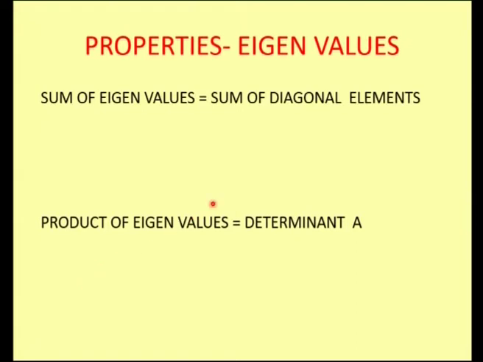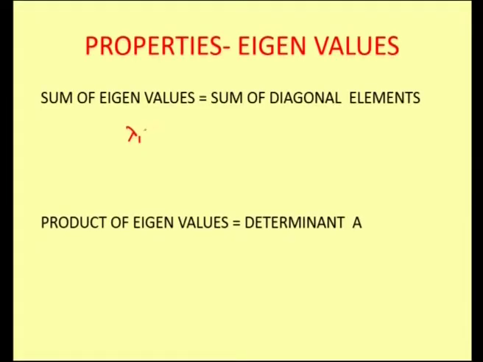Also, two properties, the sum of eigenvalues and the product of eigenvalues, are useful to find the remaining eigenvalues. The sum of eigenvalues is equal to the sum of the diagonal elements. That is, if lambda 1, lambda 2, lambda 3 are the eigenvalues, then lambda 1 plus lambda 2 plus lambda 3 is equal to a11 plus a22 plus a33.